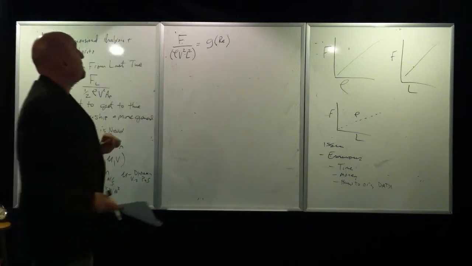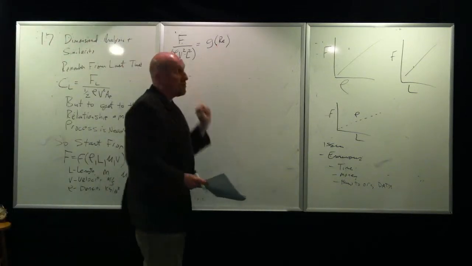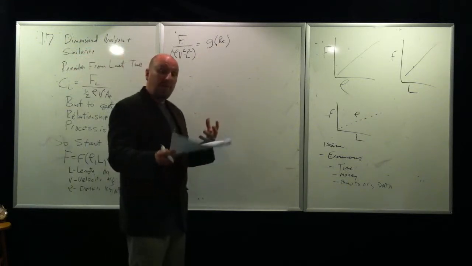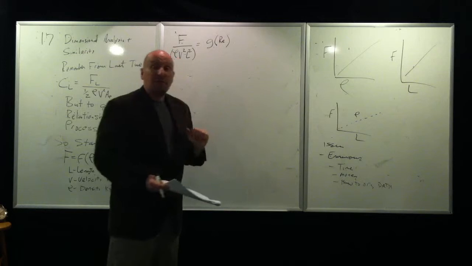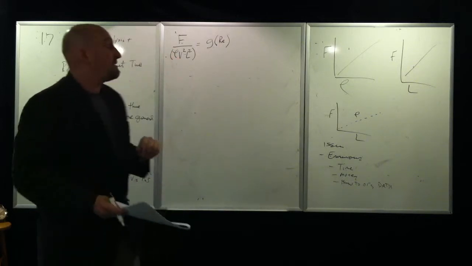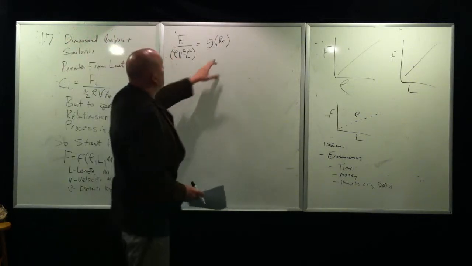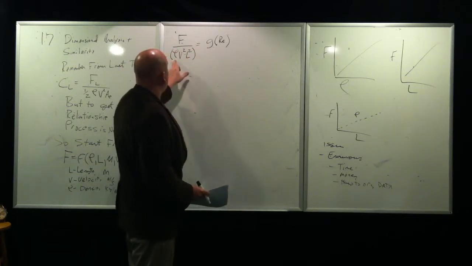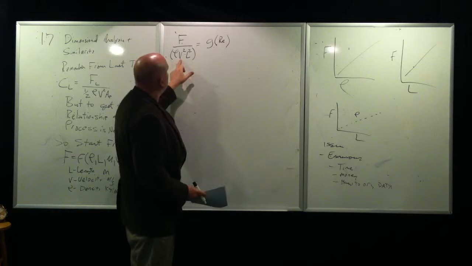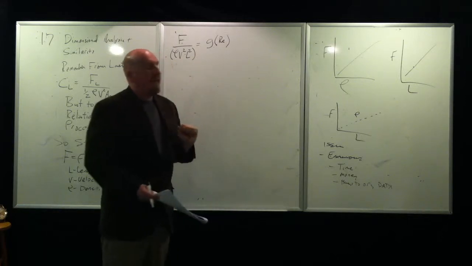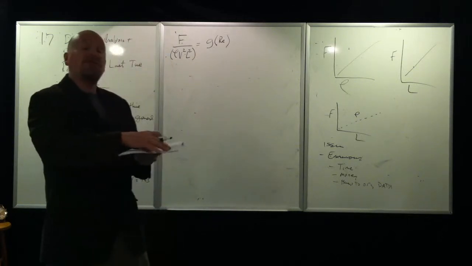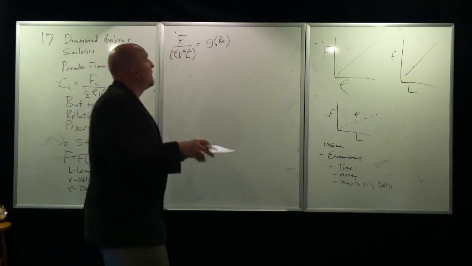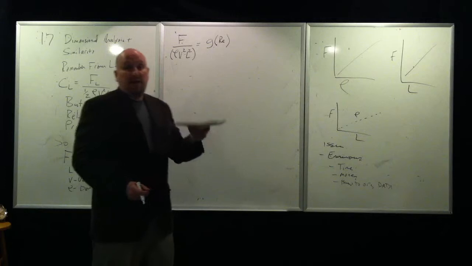If you can remember back, that was a very important non-dimensional number that was described in the beginning of this class. Reynolds number is a very, very important dimensionless number. So, taking the force, dividing it by the density of the fluid, the velocity squared of the fluid, and the length squared, or an area of whatever is the solid model that you have.